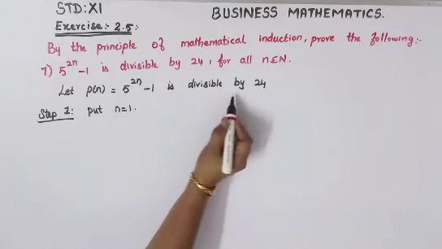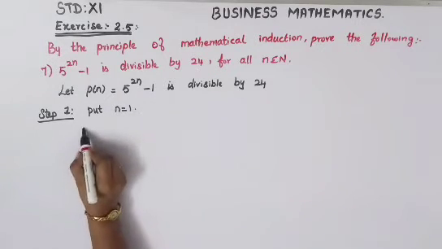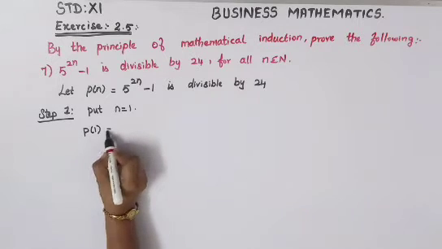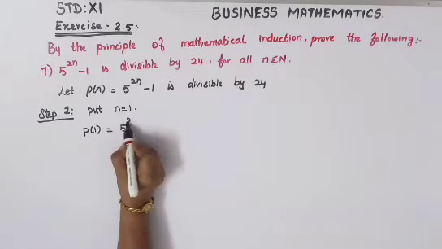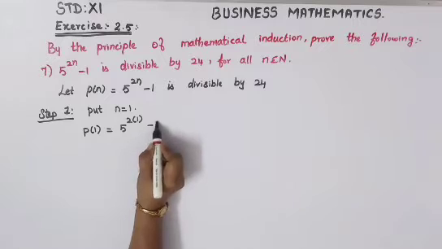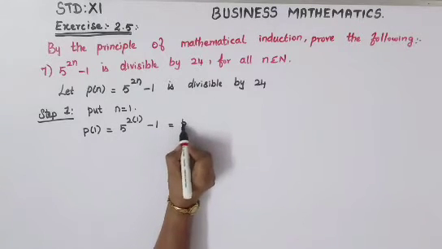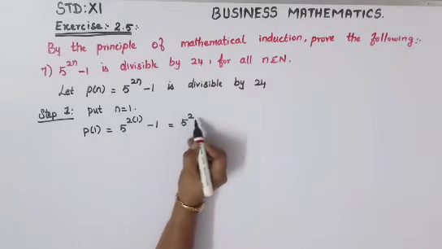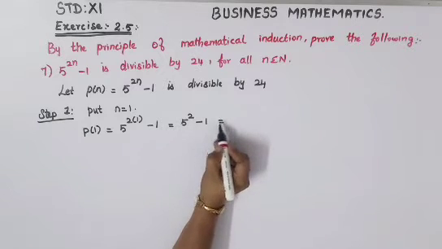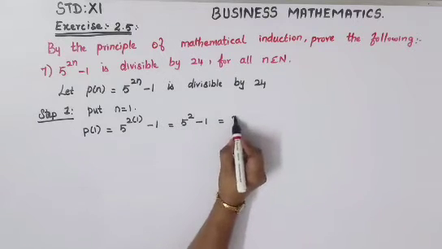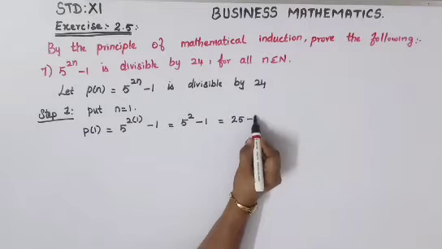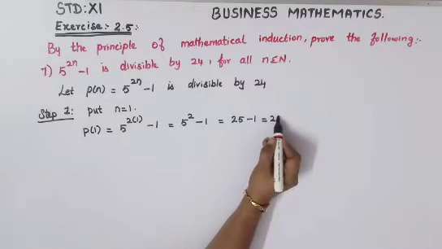So substitute here wherever n is there, put n is equal to 1. So P of 1 is equal to 5 power 2 into 1 minus 1, which is equal to 5 power 2 ones are 2 minus 1, that is equal to 5 square is 5 5s are 25 minus 1, which is equal to 24.